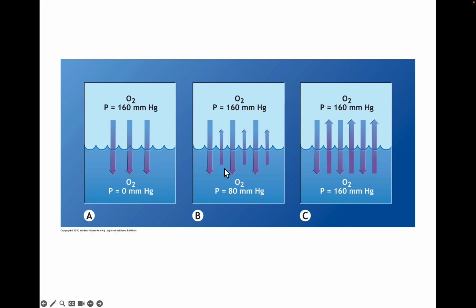So notice that oxygen travels in both directions across this barrier, but a lot more of it comes from the area of higher pressure to lower pressure. In diagram C, notice we have an equal amount of oxygen on each side of the barrier. Therefore, there's going to be equal movement of oxygen across that barrier, from bottom to top and top to bottom.